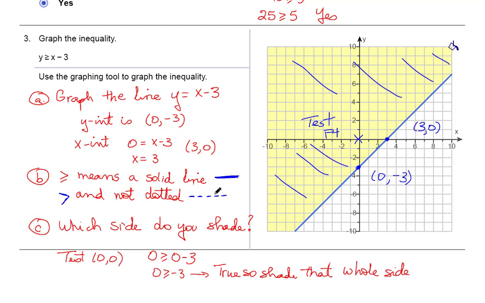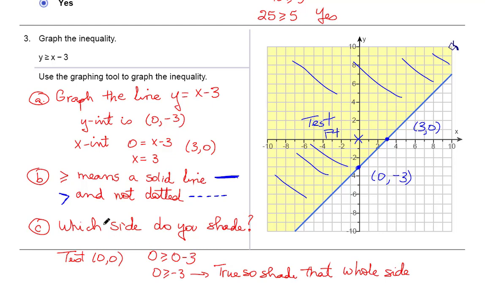Next, I need to figure out which side of the line do I shade. And I do that by picking a test point. And the test point is any point that's on one side or the other. Now, most of the time, a great test point is the origin, 0, 0. So I try it out, 0, 0. Is it true 0 is greater than or equal to 0 minus 3?